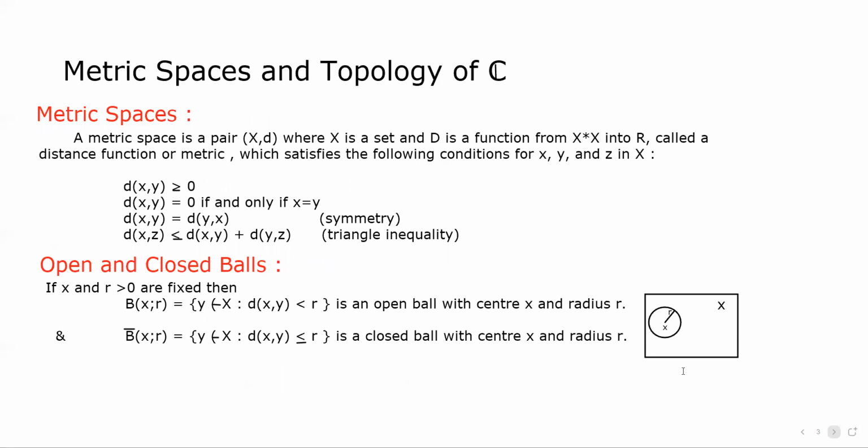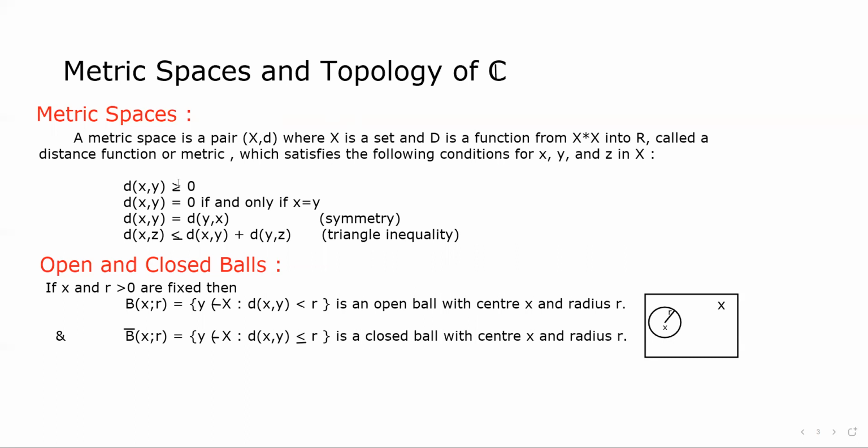So what is metric space? Okay, so by definition, the metric space is a pair (X, d) where X is a set and d is a function from X cross X into R. This is called distance function or metric, which satisfies the following conditions for x, y, and z in X. These conditions are d(x,y) is greater than or equal to 0.